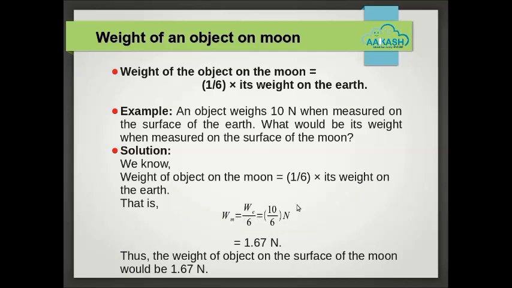Therefore, when we put the value given in the question, that is 10 Newton, in the equation here, we get 10 divided by 6 N, that results to 1.67 Newton. Thus, the weight of the object on the surface of the moon would be 1.67 newtons.